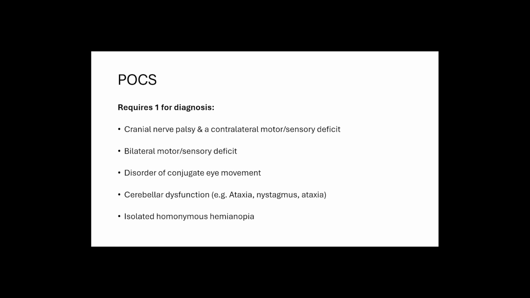And then for the posterior circulation stroke, it requires one of these five symptoms for a diagnosis. These include cranial nerve palsy and a contralateral motor or sensory deficit, bilateral motor or sensory deficit, disorder of conjugate eye movement, which is the ability to move eyes in unison, and cerebellar dysfunction, due to the posterior circulation being affected, which supplies the cerebellum, the midbrain and the brainstem.